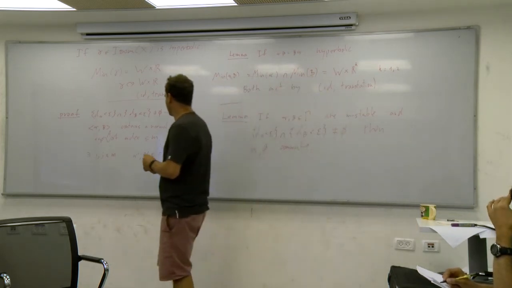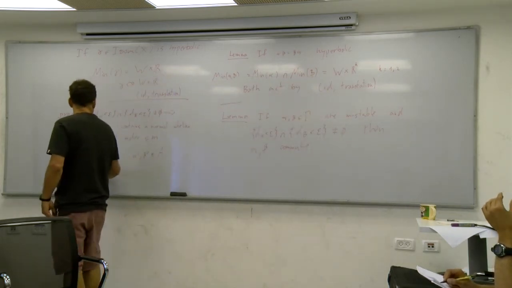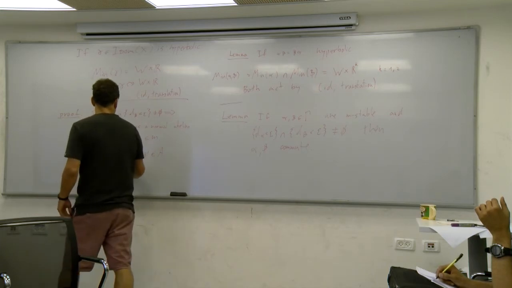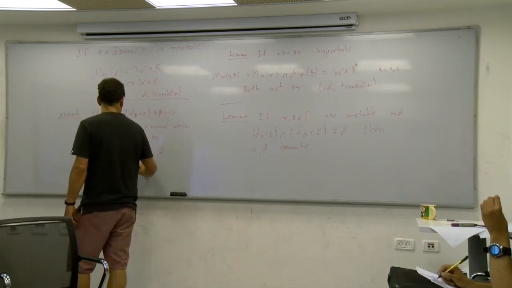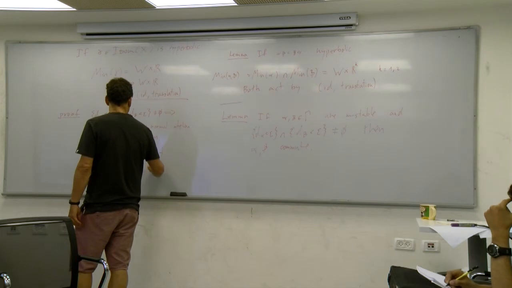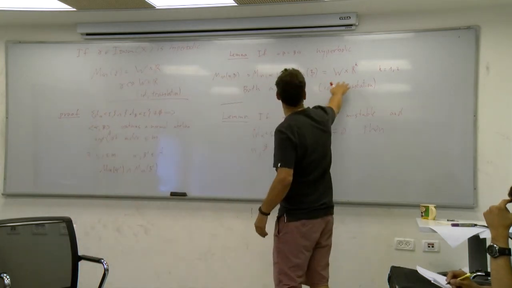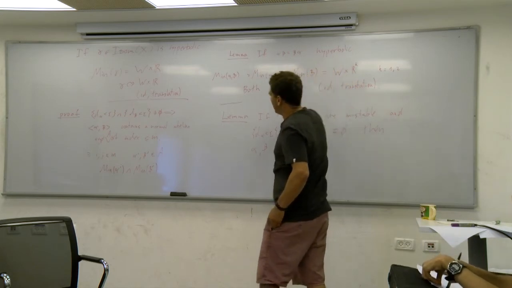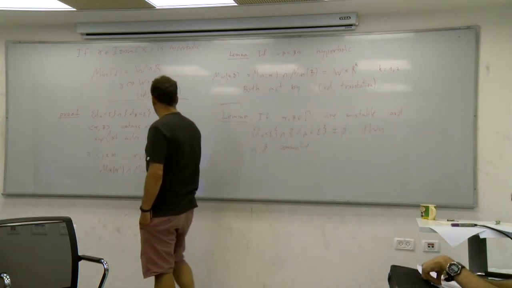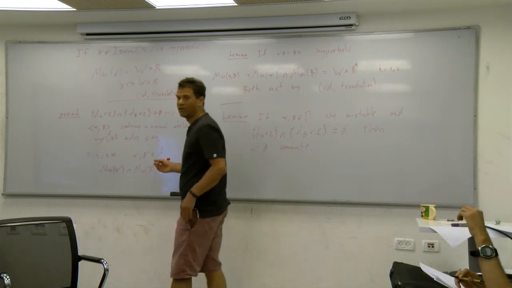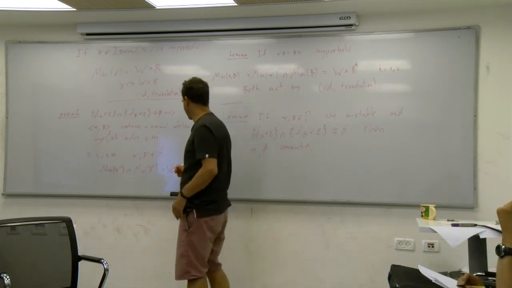So it means that min alpha to the i intersect min beta to the j, by what we said somewhere here, because these are two hyperbolic elements that commute, is W cross R^k, where k is either 1 or 2, depending on whether the axes are parallel or not.